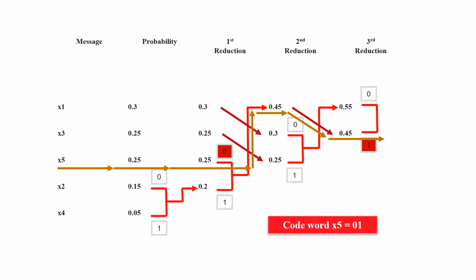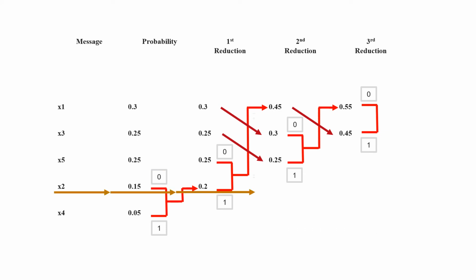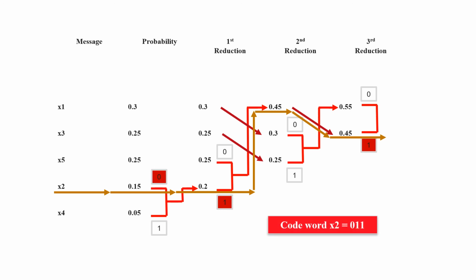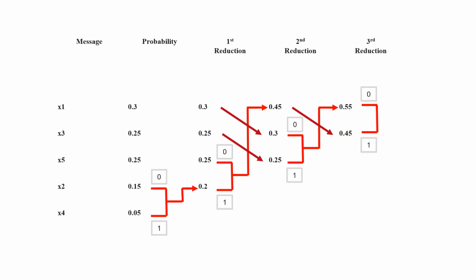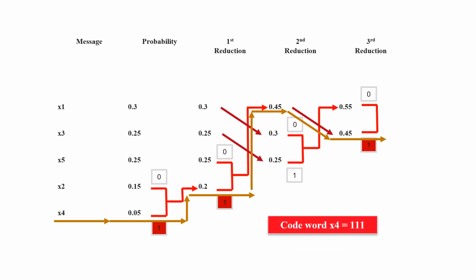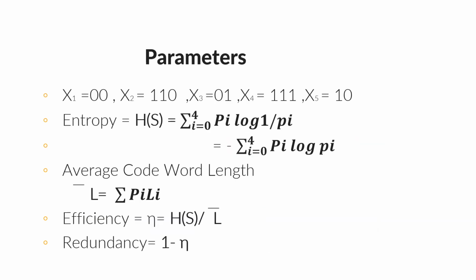The code word for x5 is 01. The code word for x2 is 011. And finally, the code word for x4 is 111.